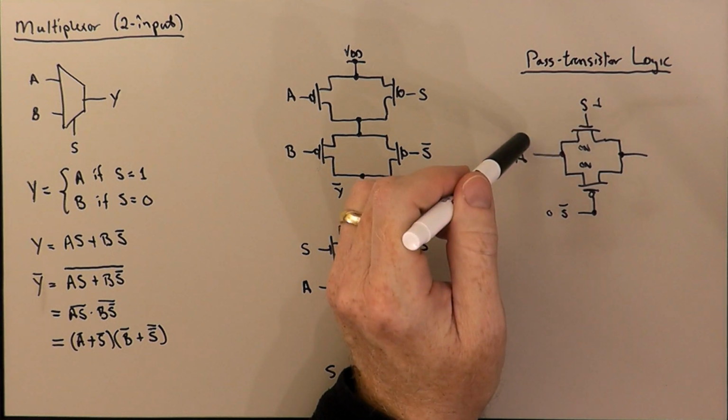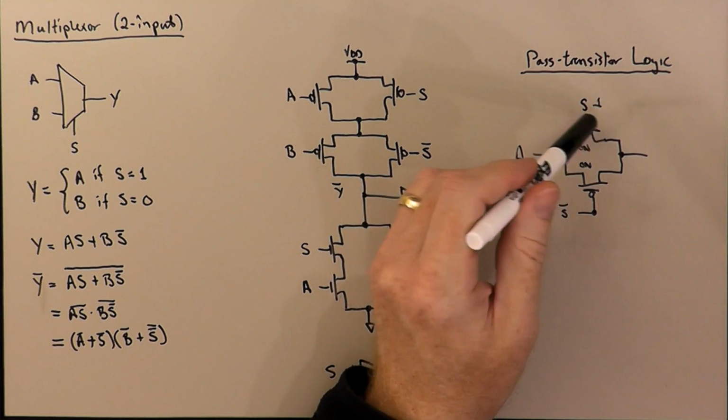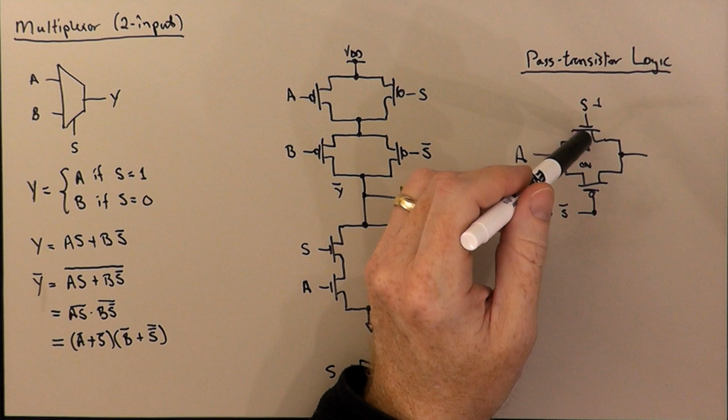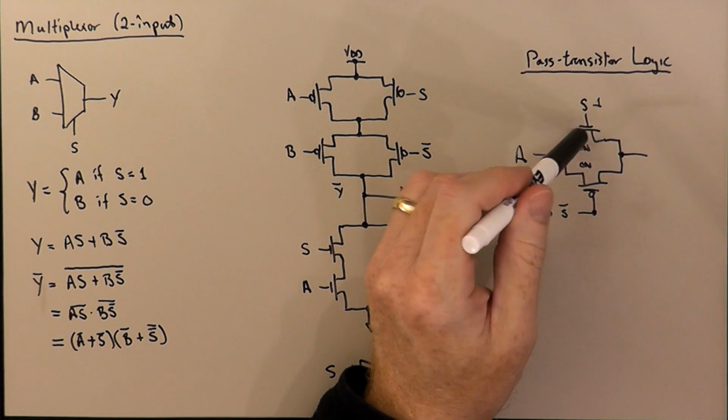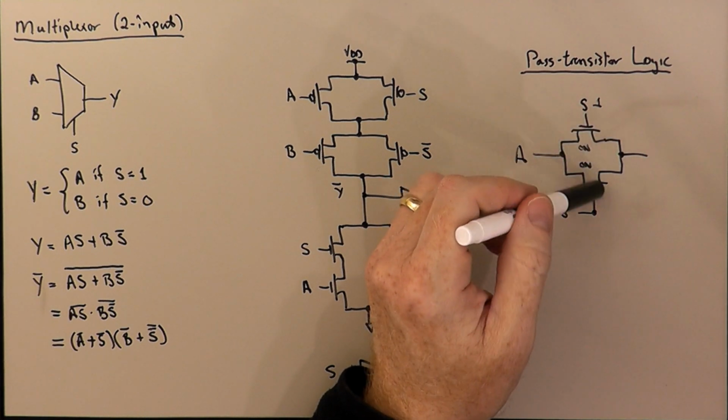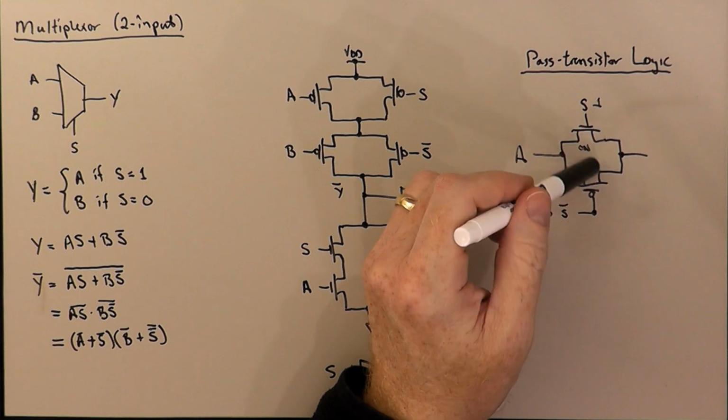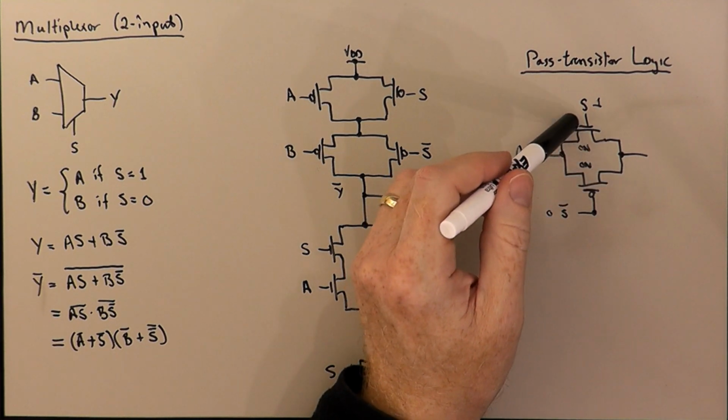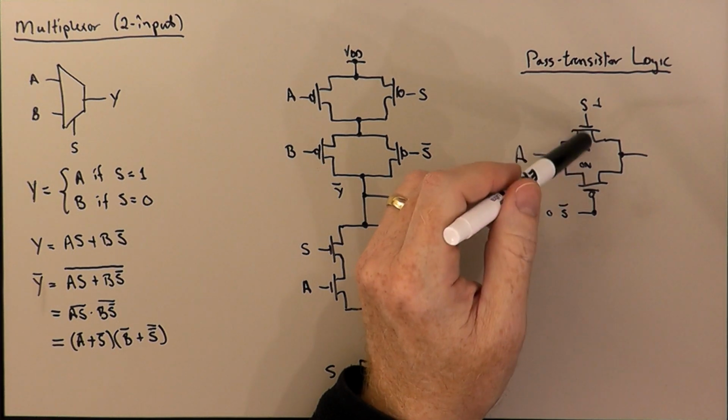But if A is down near ground, then the NMOS transistor is on, and it's able to pass a nice strong 0. And so by having these two transistor types in parallel with each other, working together, when one is able to pass the voltage through, the other one isn't, and vice versa.